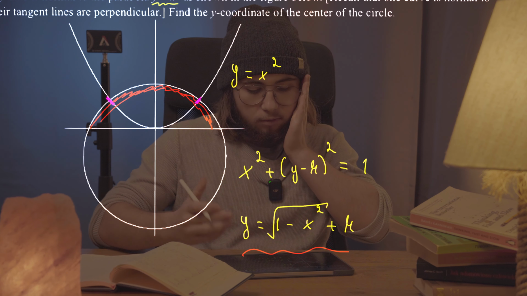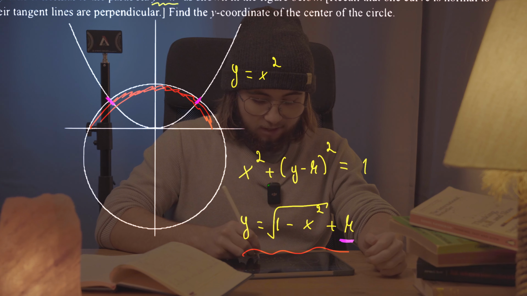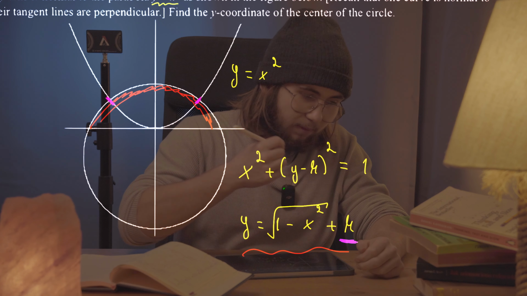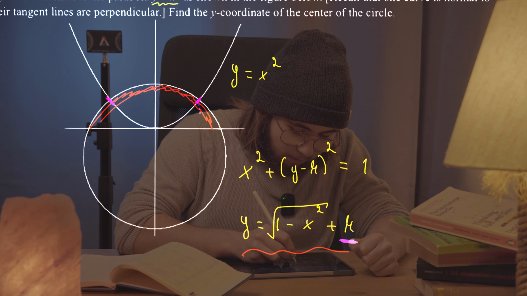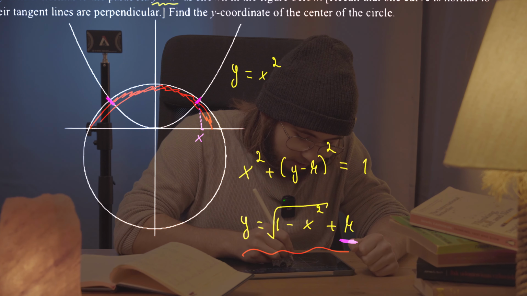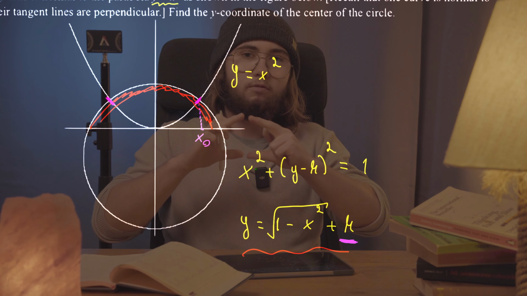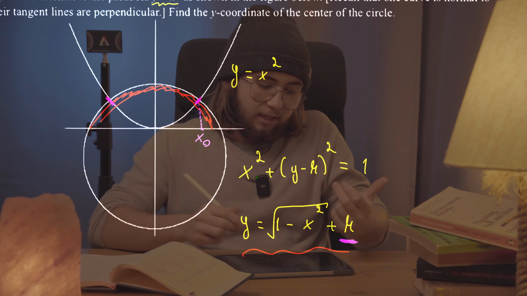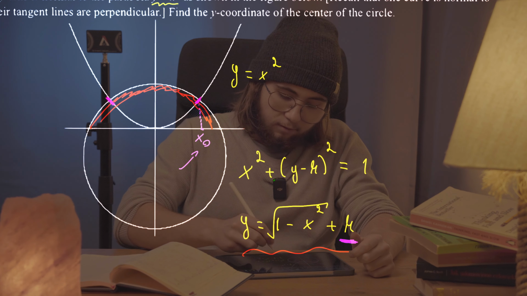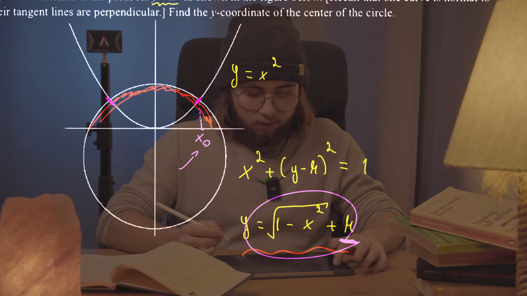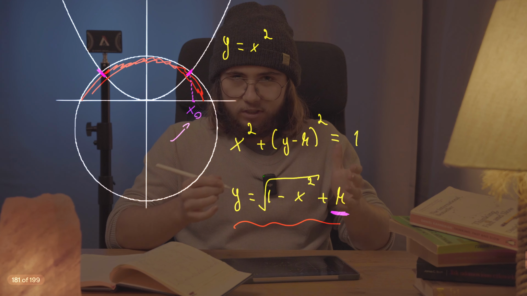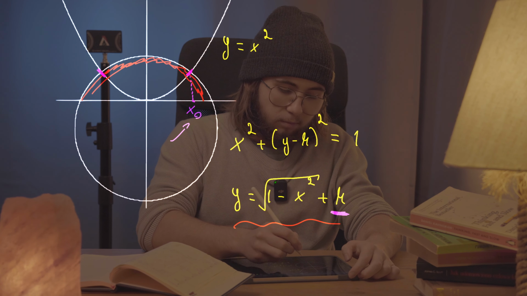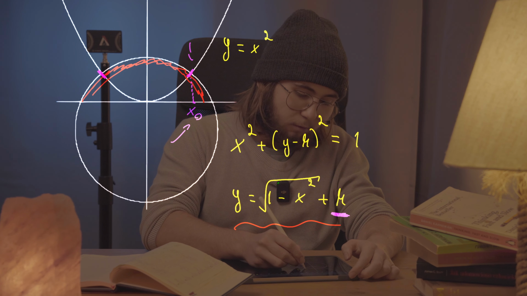Awesome. So how are we supposed to get this k over here, this y coordinate of the center of the circle? You see, if I managed to get my hands on the x coordinate, some x naught, which is the x coordinate of the point of intersection of those two curves, then I will be able to just plug this x naught into my formula describing the circle, and then just set it equal to the square of this x naught, which is going to be the value of the function f of x equal to x squared.